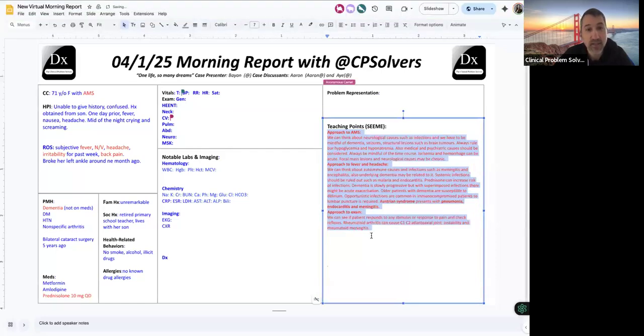Is this a generalized encephalopathy where the main mental status deficit is inattention, where the patient's not oriented and they can't really say the days of the week backwards and these kinds of things? Or sometimes we get consulted for confusion, altered mental status, delirium, encephalopathy, and actually the patient appears confused because they're aphasic. Or they appear confused because they have amnesia.